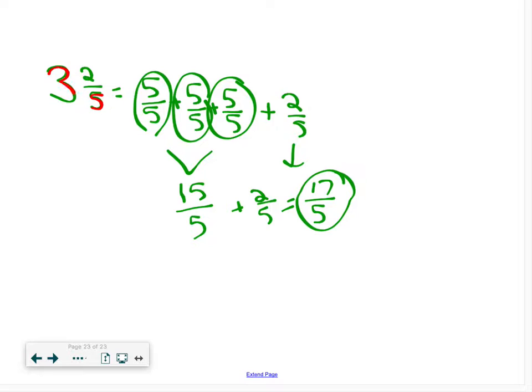And if I have 3 whole pizzas, I'm really doing 3 wholes times 5, because this one is worth 5/5, 2 is 10/5, 3 is 15/5. 3 times 5 is 15, and 5/5 plus 5/5 plus 5/5 is 15. So if I know 3 times 5 is 15, all I have to do is add my little extra that is left over, plus 2, and I will get my 17/5, okay?